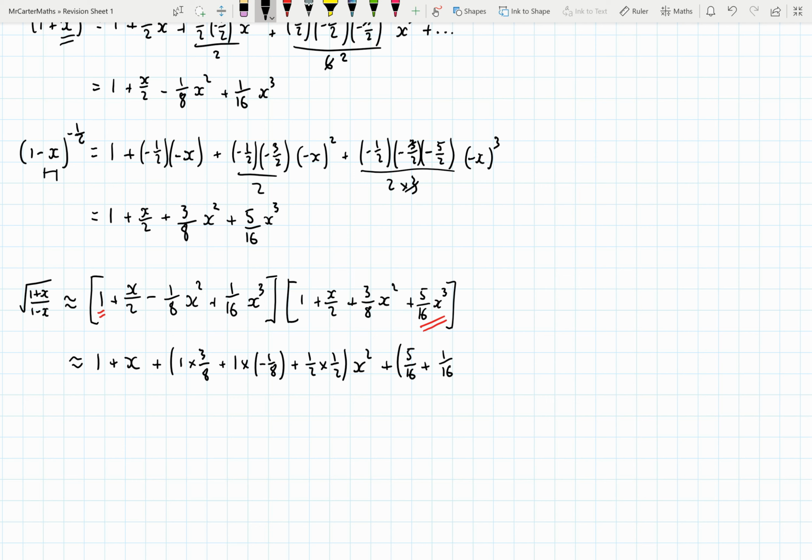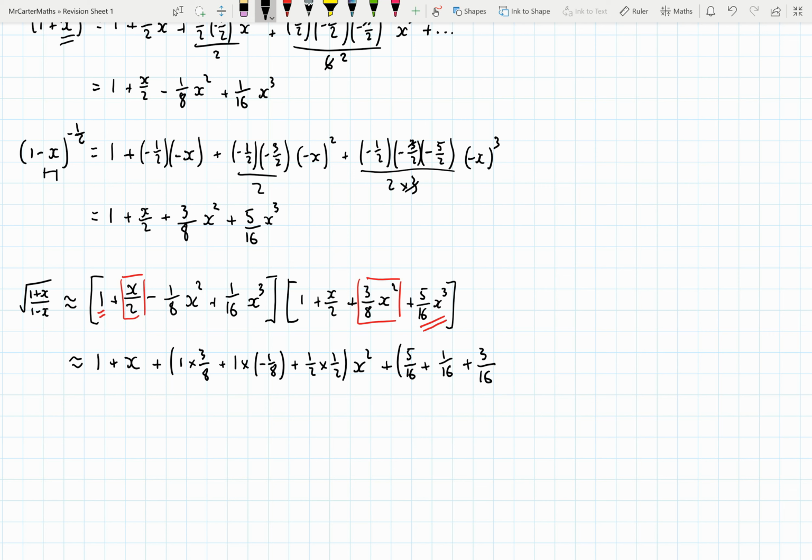I'm also going to have my linear terms, like my x to the power of 1 terms, multiplied by my squared terms. So I'm going to have x over 2 times 3 over 8 x squared. That'd give me an x cubed. So that's going to be 3 over 16.